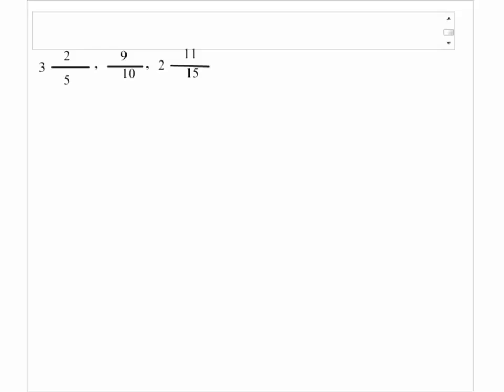Find the average of the following fractions. To find the average, we need to add all these numbers together and then divide it by 3, because we have 3 terms here.